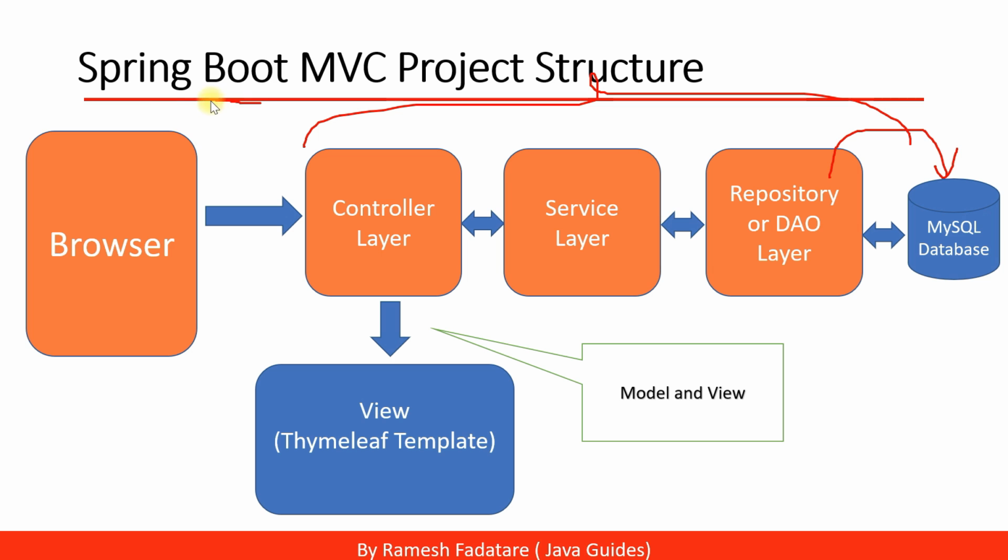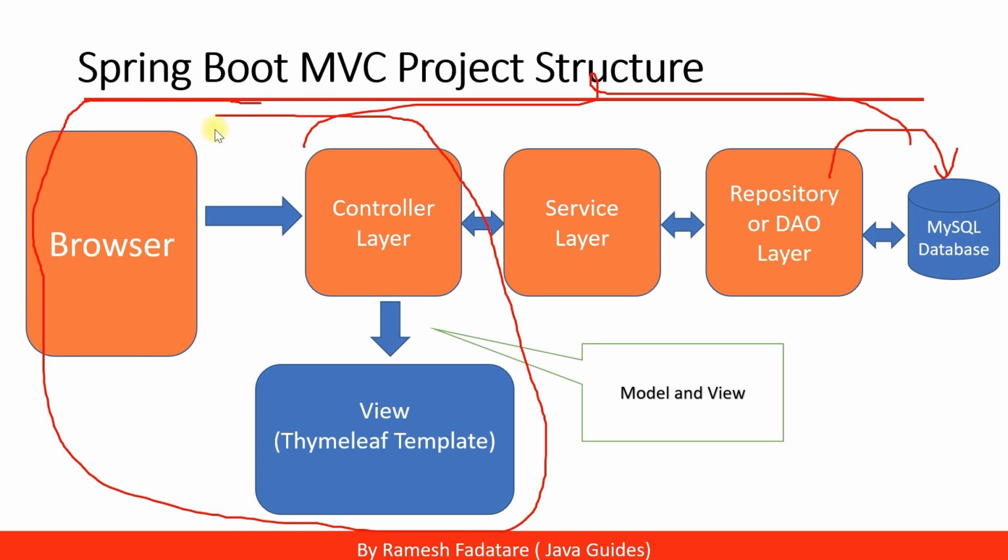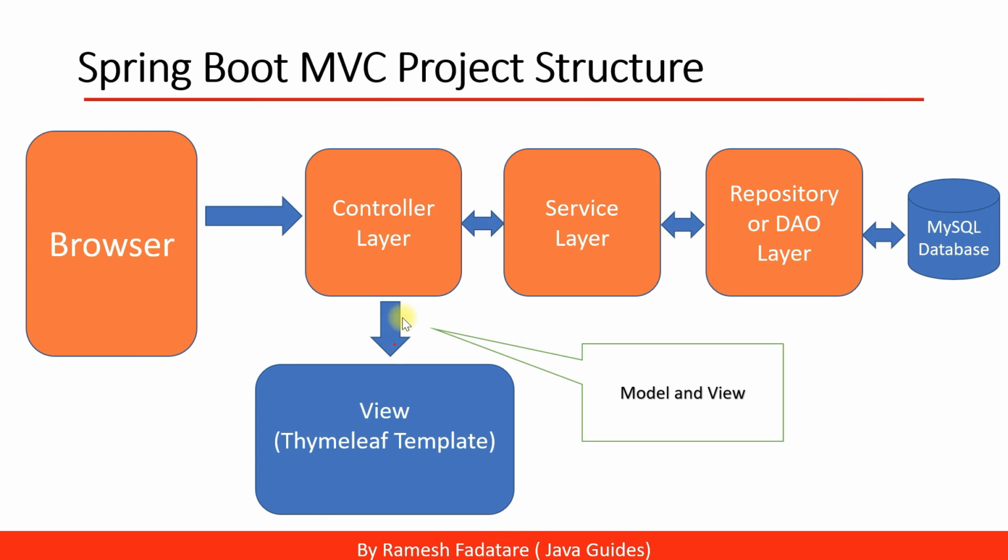Now let's come to the Spring MVC architecture. Look here, this is the MVC architecture, or you can say MVC design pattern. We have a controller, a view, and one more component called model. The controller is responsible for processing the request, and it will return the model and view to the browser to render the page.